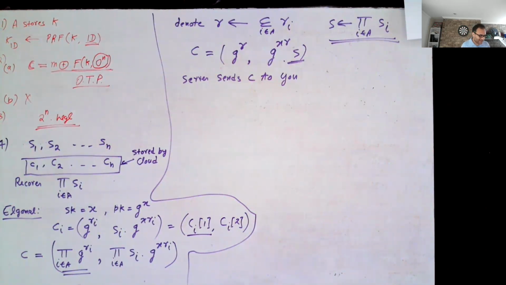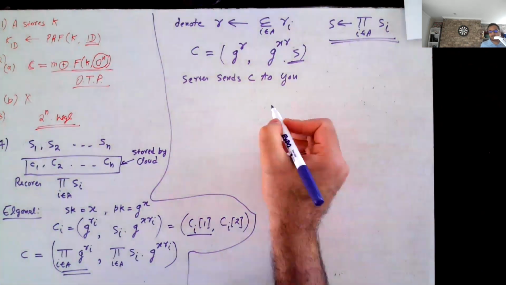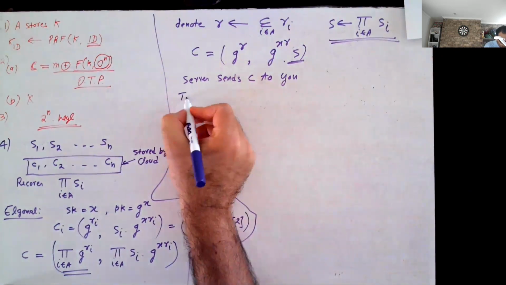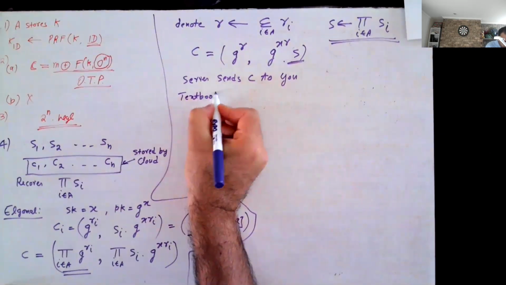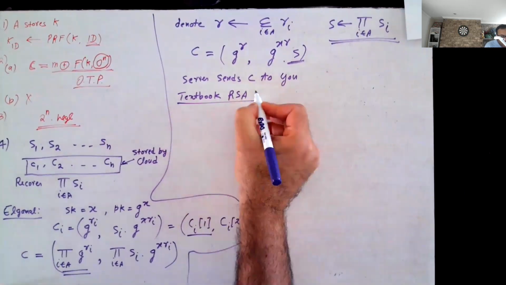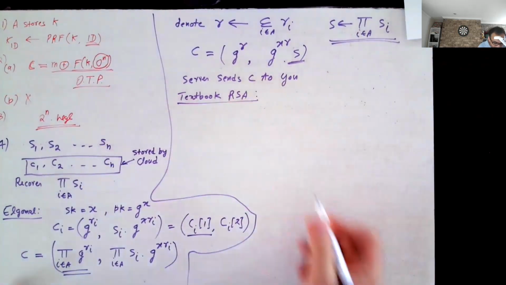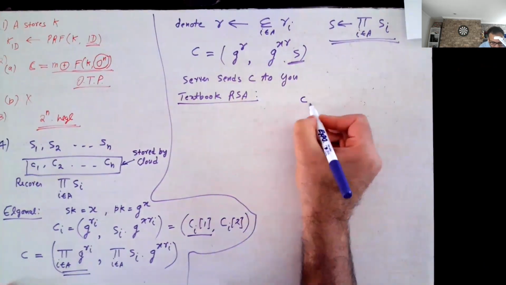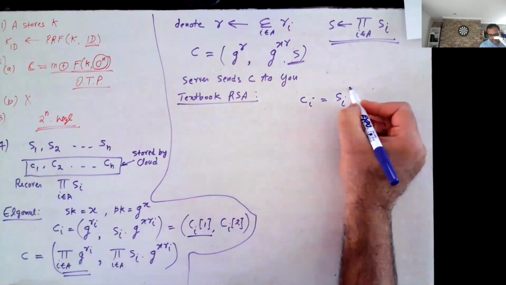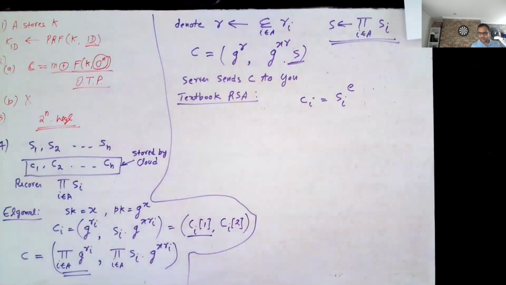So actually RSA also turns out to be multiplicatively homomorphic, because in RSA, or rather textbook RSA, which is not secure, by the way, the ciphertext is also just s_i to the power e, where e is the public key, right?